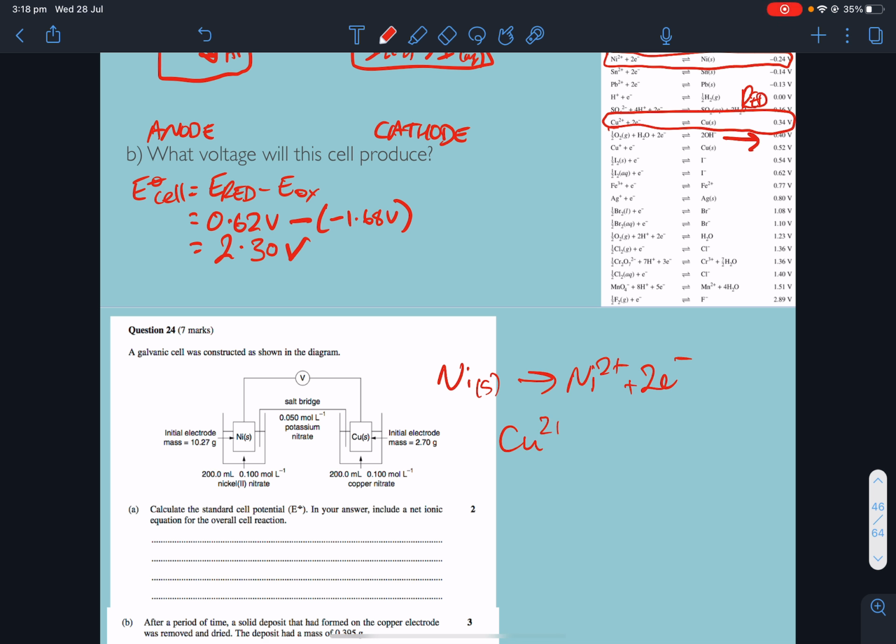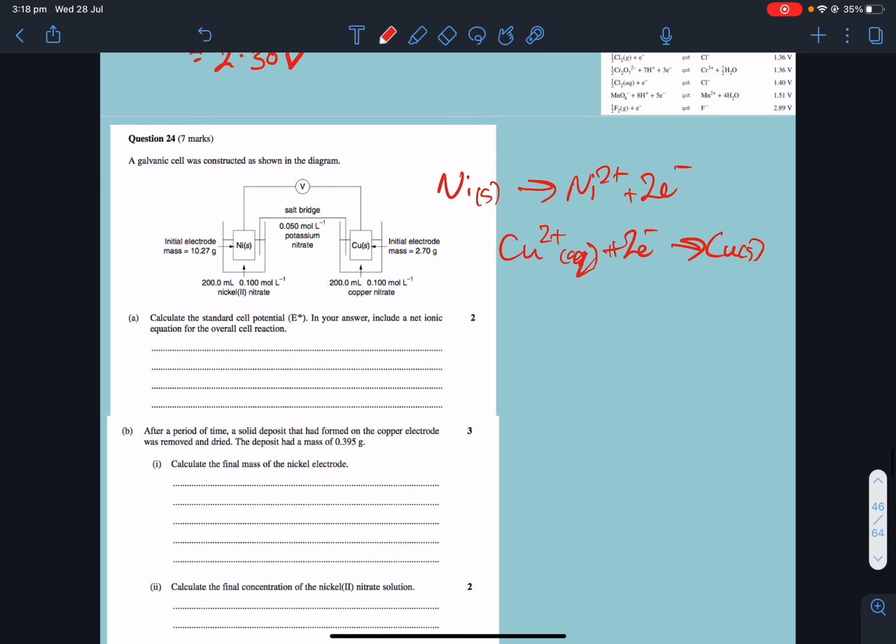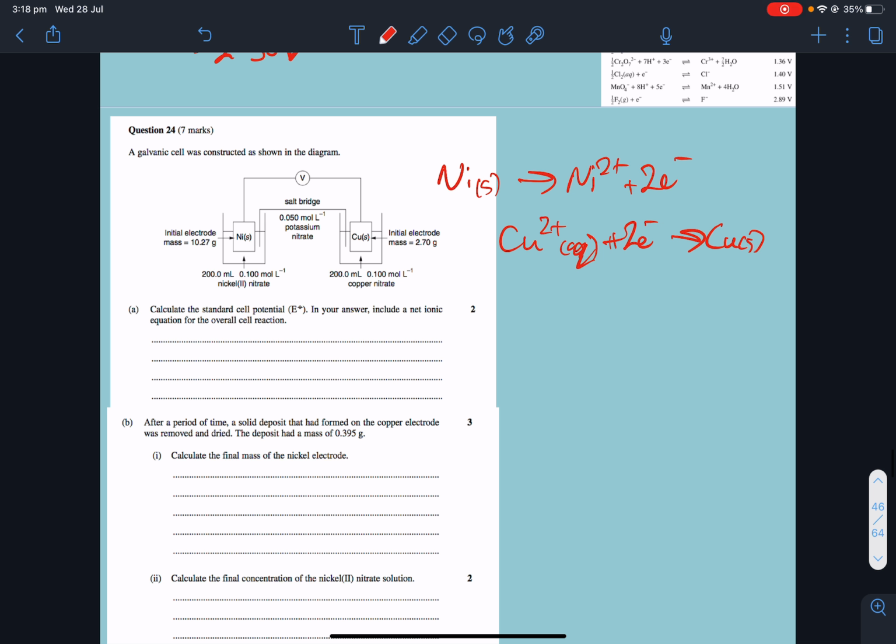So copper 2 plus plus 2 electrons going to copper solid. Have they got it around the right way? Oxidation happens at the anode, where our nickel will go to nickel 2 plus. So they've got it around the right way. That's helpful, but it's always worth a check.